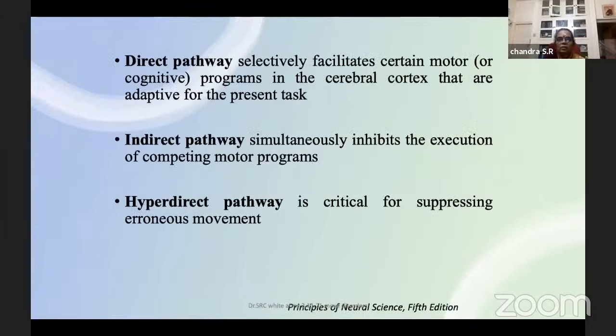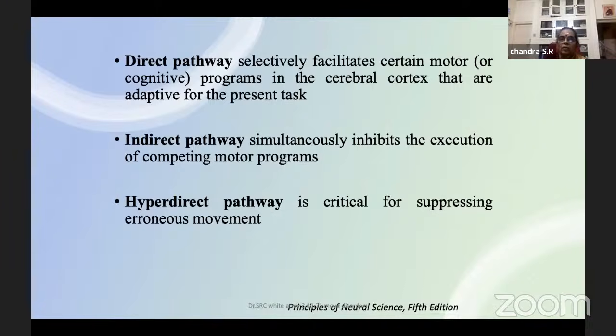The direct pathway selectively facilitates certain motor programs in the cerebral cortex that are important for carrying out that task. The indirect pathway inhibits the competing pathways, that is, it inhibits the antagonistic movement. The direct pathway facilitates the agonistic movement, the indirect pathway inhibits the antagonistic movement, and the hyperdirect pathway corrects the erroneous movement.